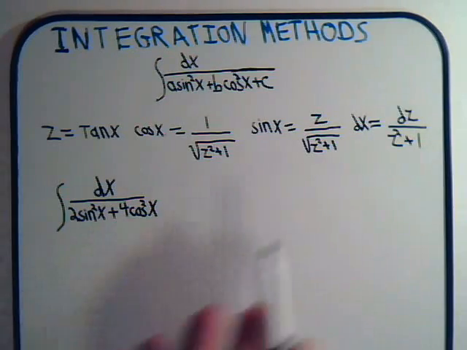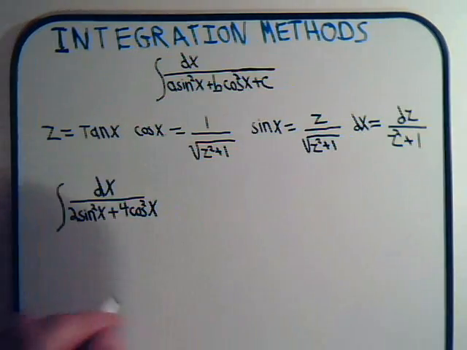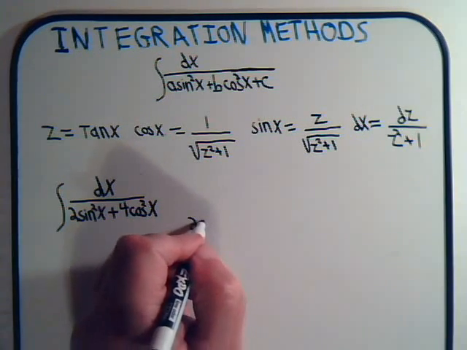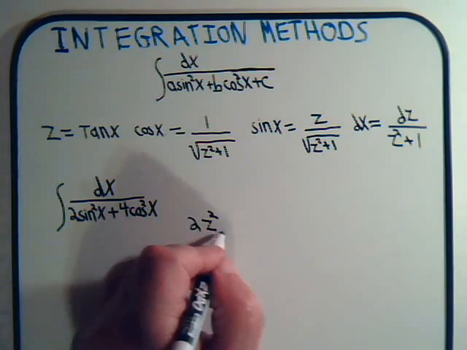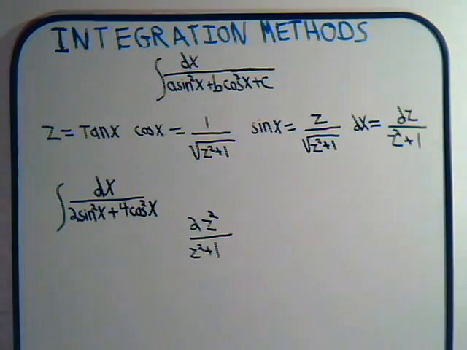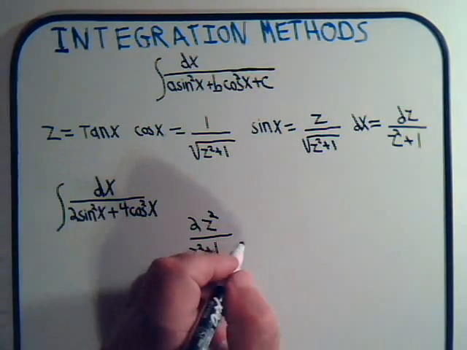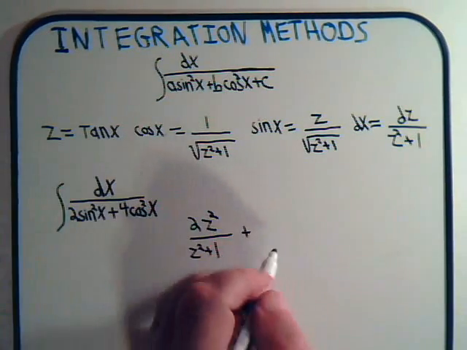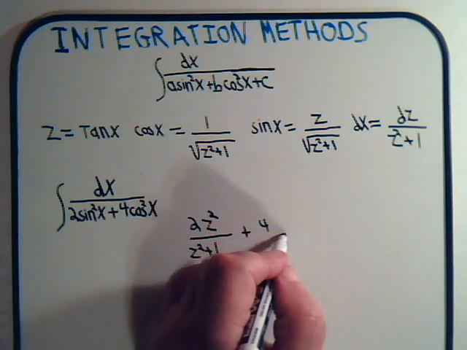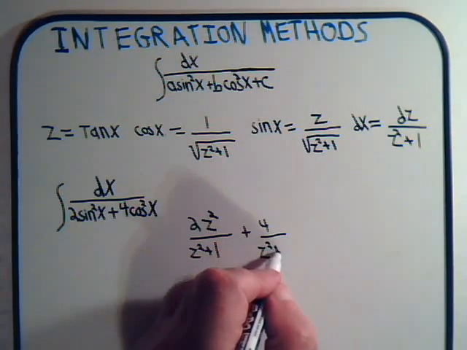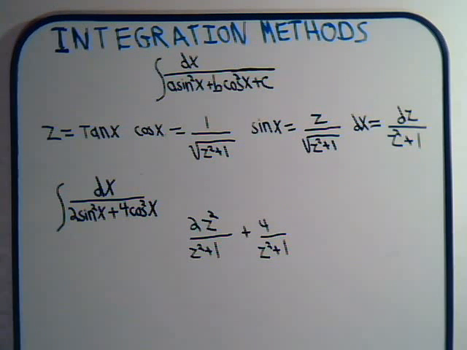2 times the sine squared of x, this is going to be 2 times z squared divided by z squared plus 1, and we have plus 4 times the cosine squared of x, so that would be 4 divided by z squared plus 1.